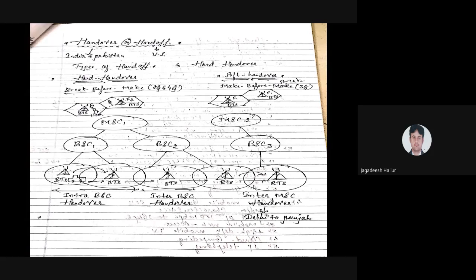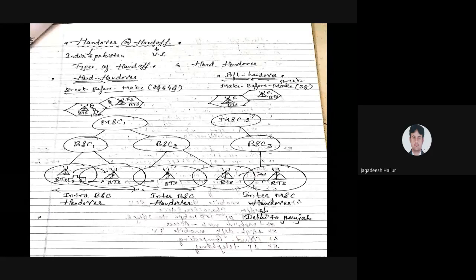I will tell you about these handovers. See the diagram: intra BSC, inter BSC, inter MSC. Say you are driving a car on the highway, going from BTS 1 to BTS 2.